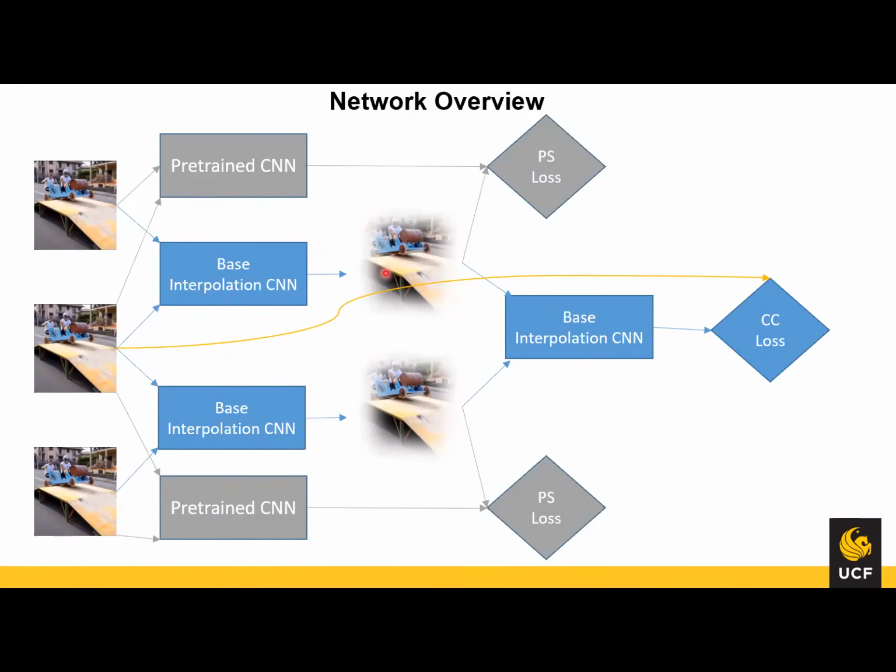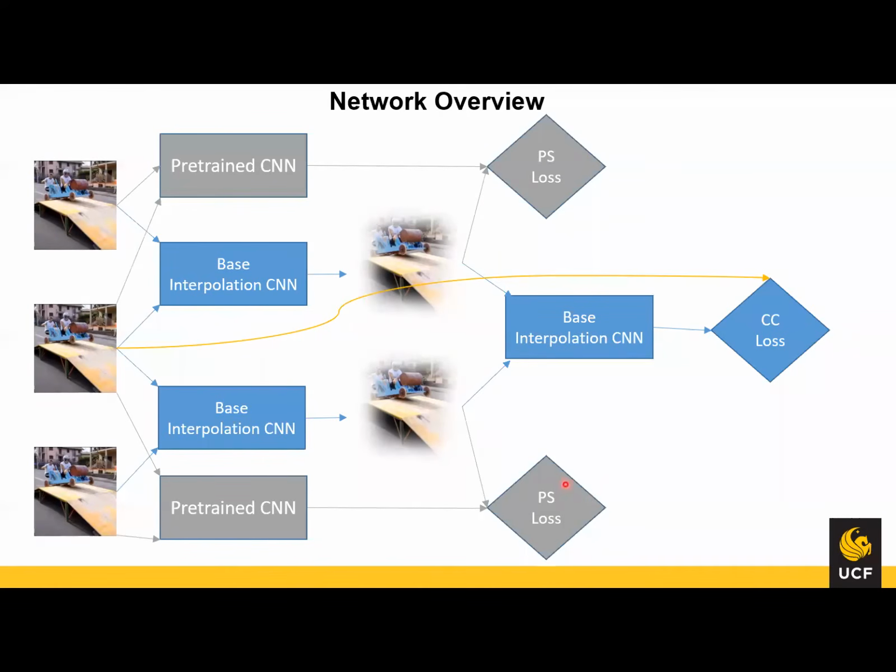We're going to generate our intermediary frame, and another intermediary frame from the second set of consecutive images. From these images, we're going to pass them again through our base network, and then take the cyclic consistency loss between these generated images and the center image.